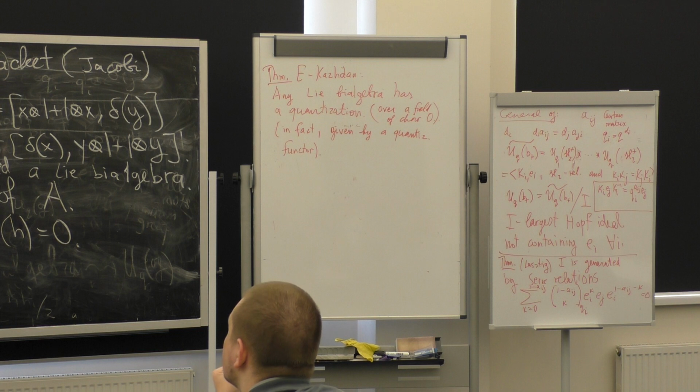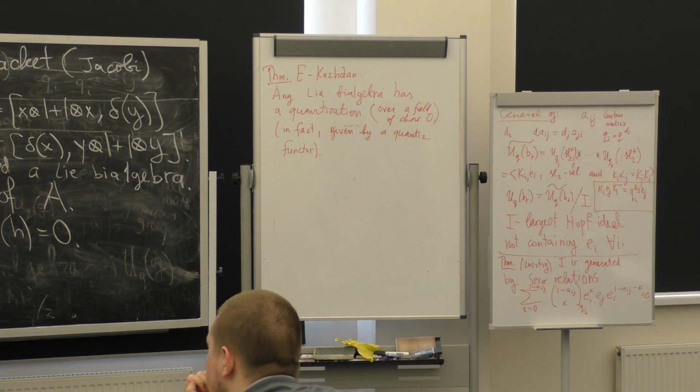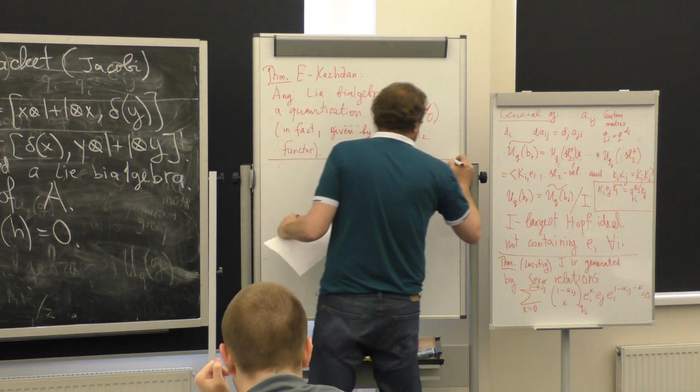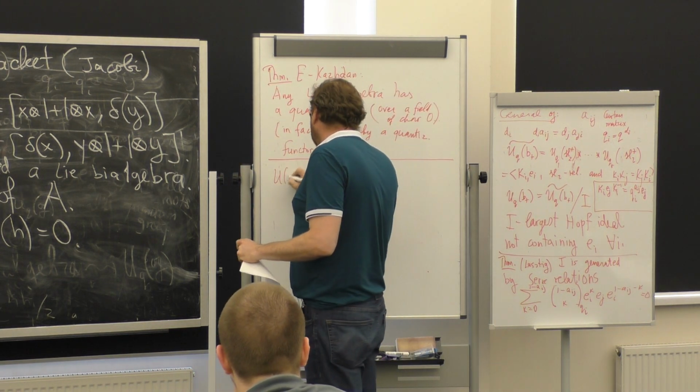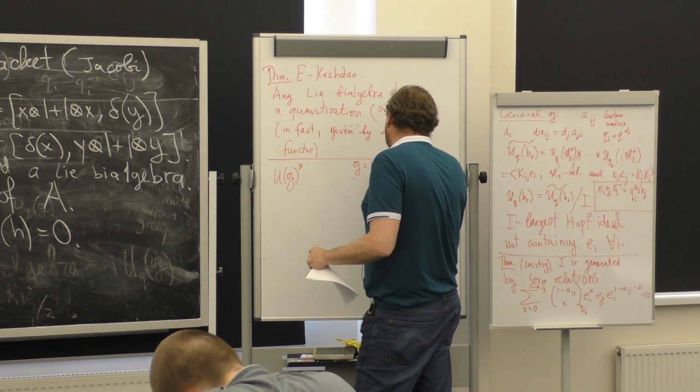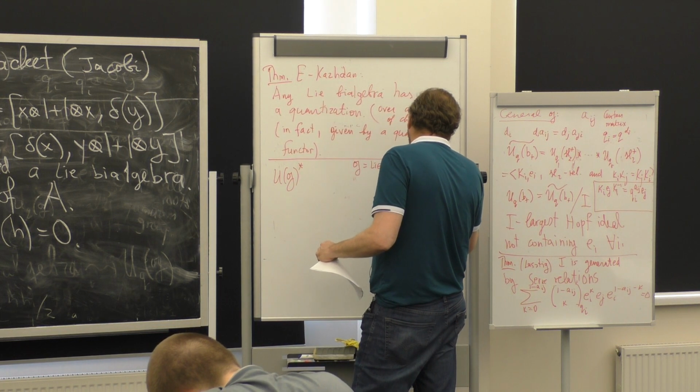Let's see. OK. So now I want to talk about the dual story. So I can look at the dual. Let's say g is the Lie algebra of G, where G is an algebraic group.